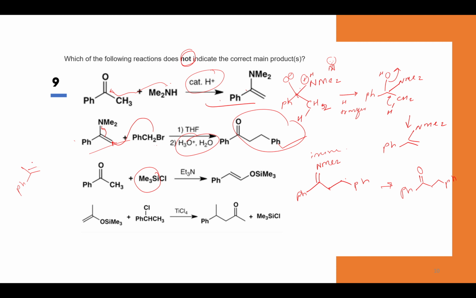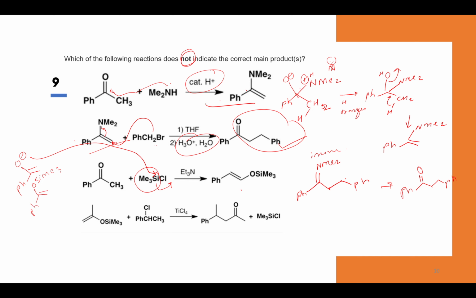The reaction will go via enolate only, this way. This O minus will attack on this silyl trimethyl and chloride will knock out to give the major product, O silyl trimethyl.